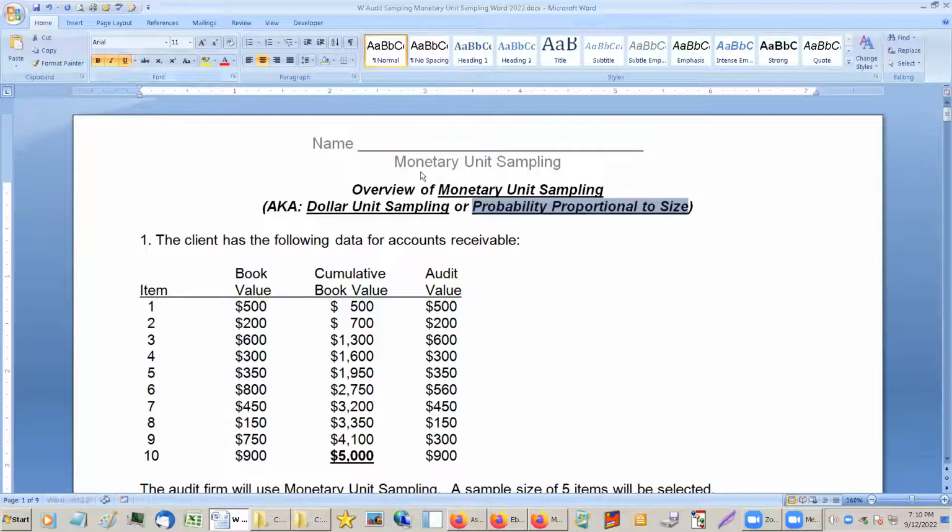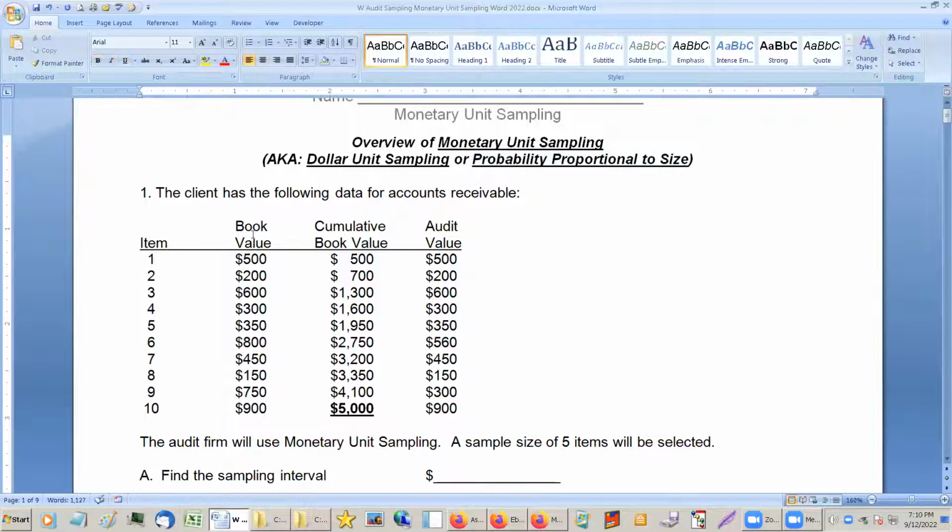Okay. And monetary unit sampling is a weird one because it's designed specifically for auditing. The other ones, the classical sampling, you can use for almost anything, but monetary unit sampling is used specifically for auditing.